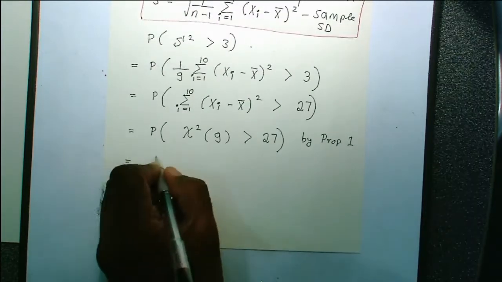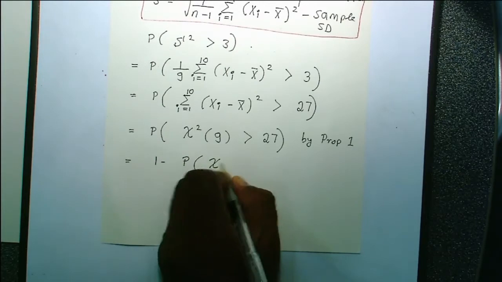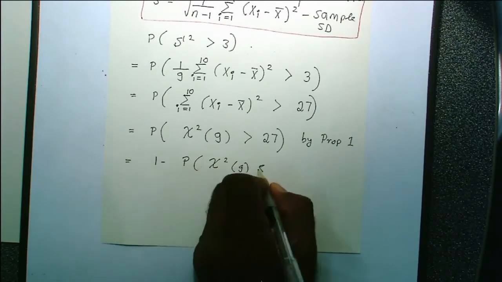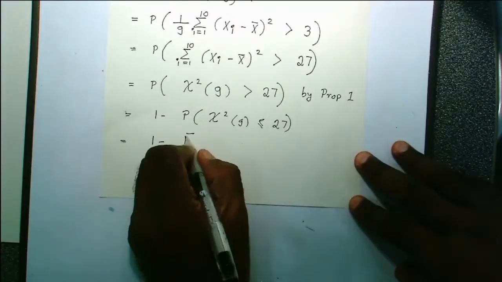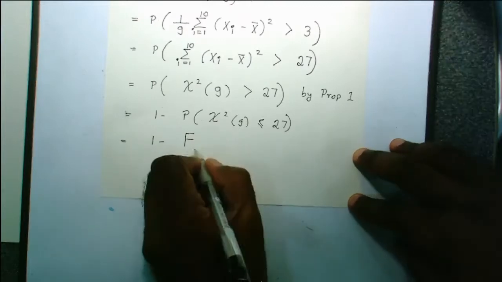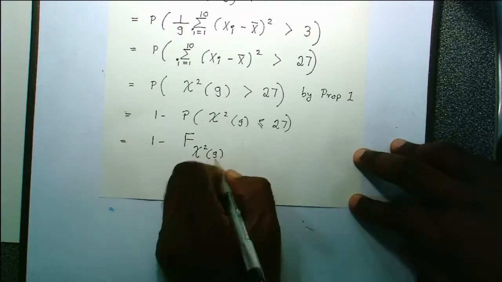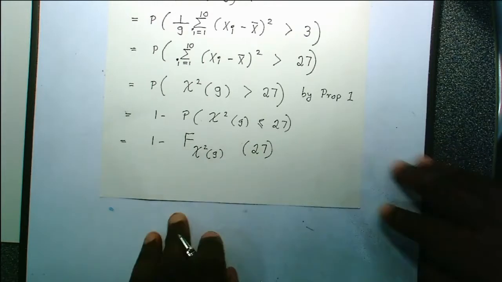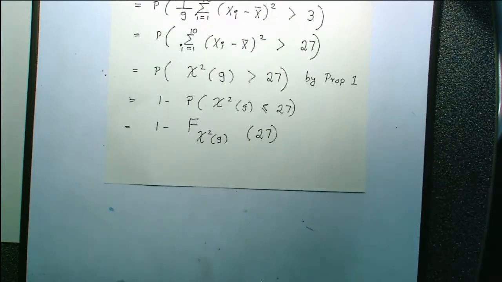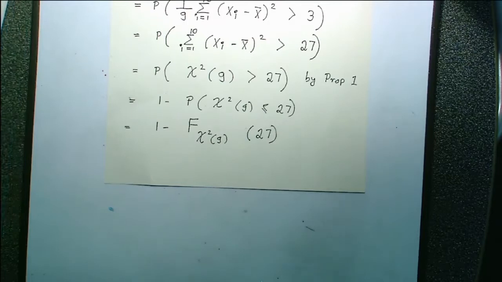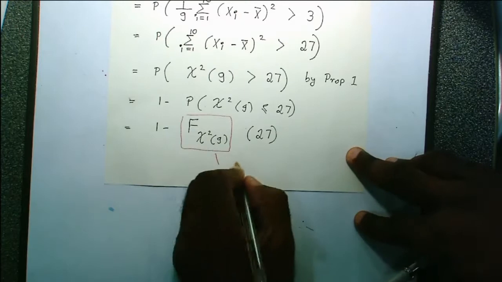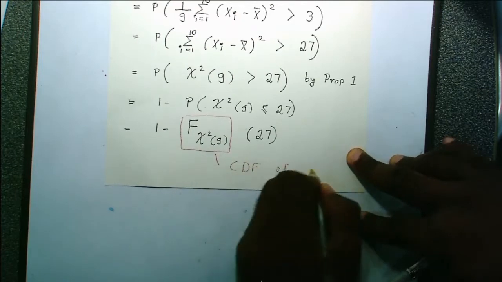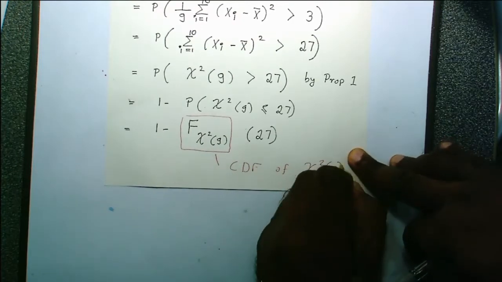So you can write this as 1 minus the probability that a chi-squared variable with 9 degree of freedom is less than or equal to 27, or you can write it as 1 minus F of 27, and here this guy here denotes the CDF of a chi-squared variable with 9 degree of freedom.